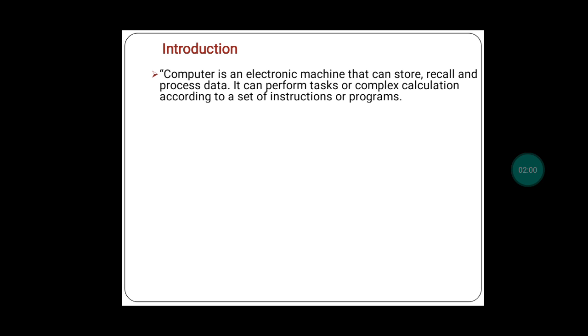Suppose you want to perform the addition of two numbers, that can be performed. Not only addition, any complex task can be performed in the computer system based on a set of instructions or programs. We saw one programming language, that is C++, where we gave 2 plus 2 and it gave us the output 4. So basically the definition is that it is an electronic machine which can store, recall and process data.